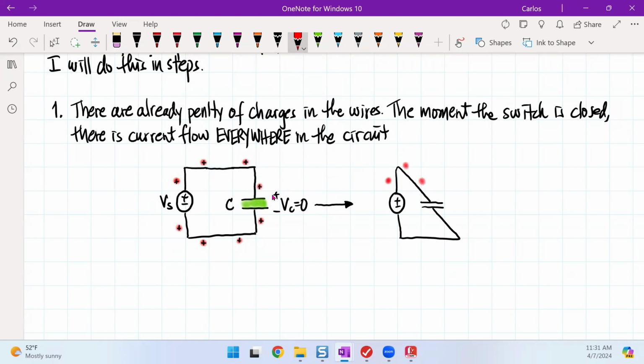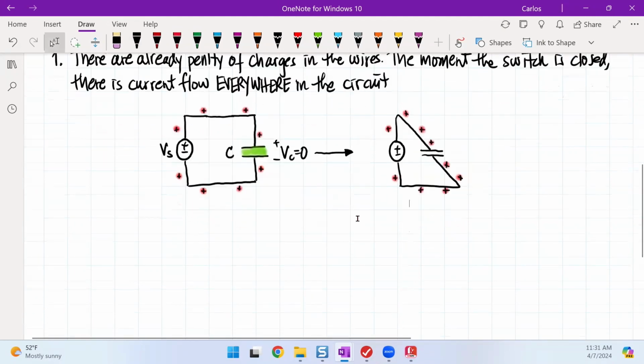My charges are located everywhere in the circuit. Okay, there. So now the switch is closed.